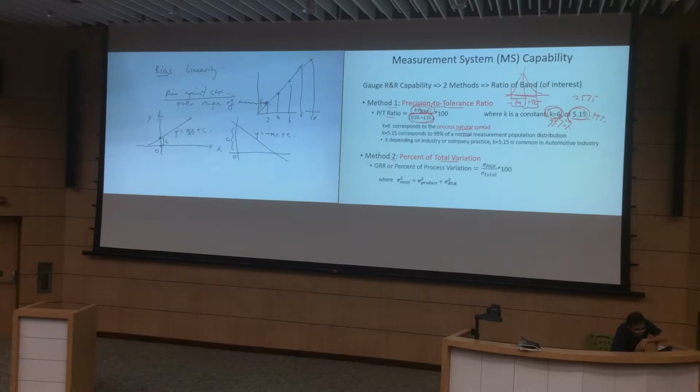Now, if you want to look at the process side, remember our total is equal to the product that you want to measure plus this guy here, right? So you take the square root of that, you get this total, right? So it's just a ratio of this thing over this thing. So you say, okay, your repeatability and reproducibility, how much is it over the total variation in the process that you want to control?